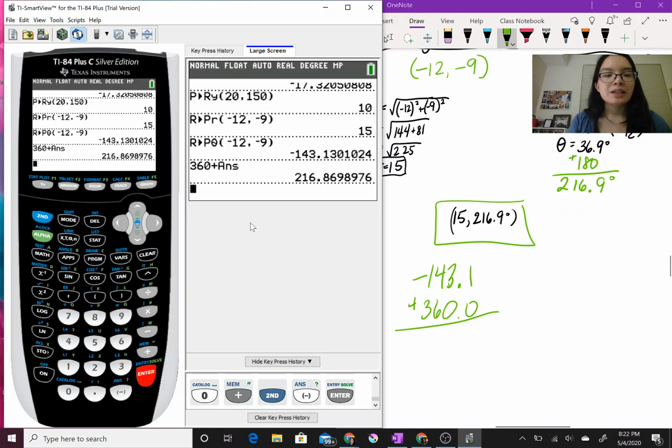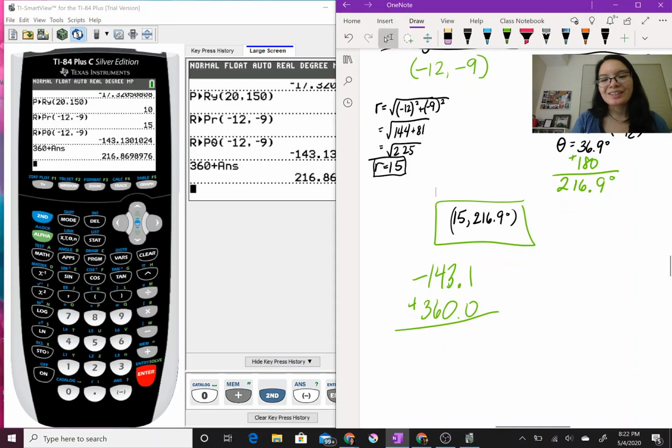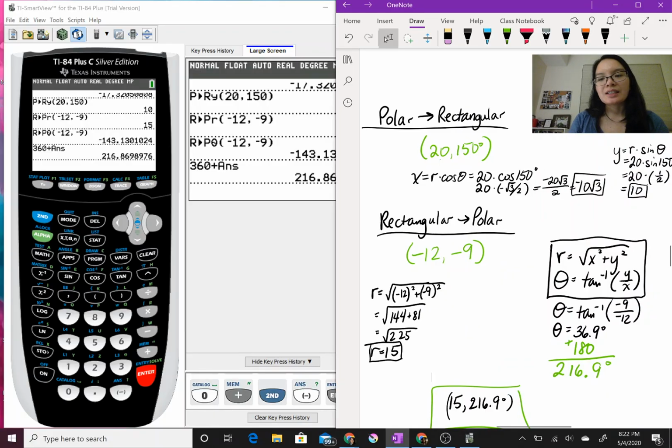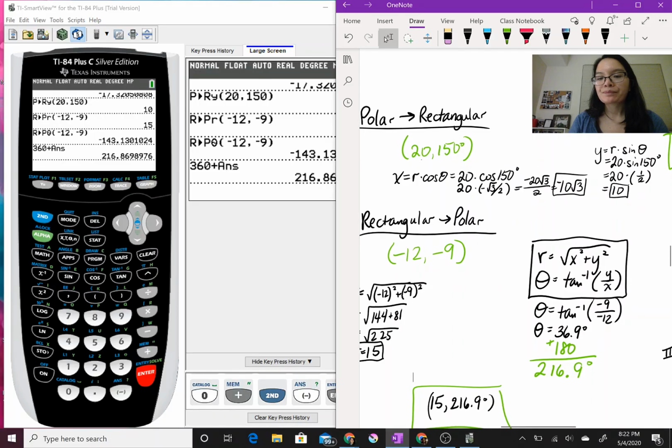Okay. Now, why show the calculator, or why go through the work if you know you can do it on the calculator? Just notice that in the example that I did before, this one was convenient to be able to do without needing to use any kind of calculator. You were able to just use the unit circle to find those values.